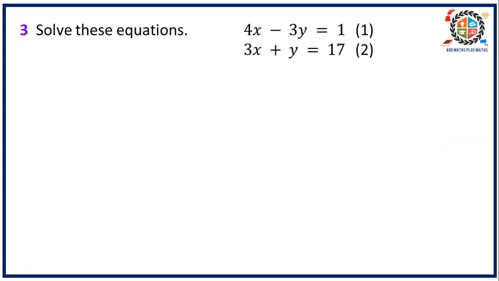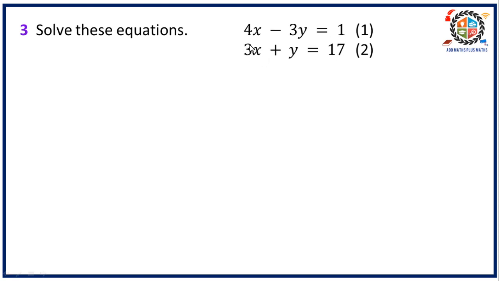Third example, solve the equations 4x minus 3y is equal to 1 and 3x plus y is equal to 17. You will notice that it's only y here that doesn't have any numerical coefficient. That's why I am going to use again the second equation and bring 3x to the right side.